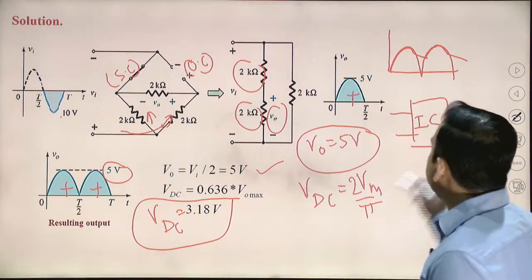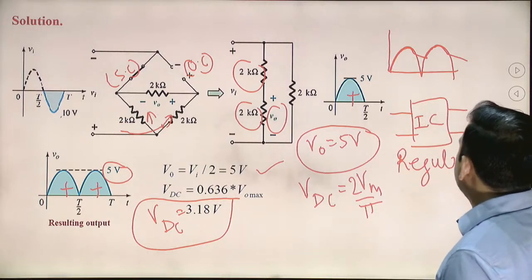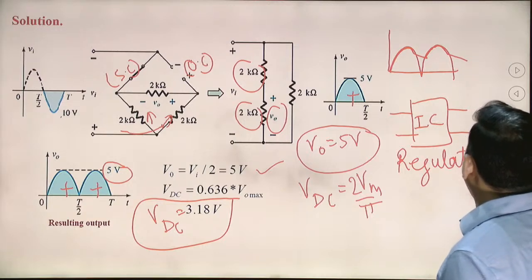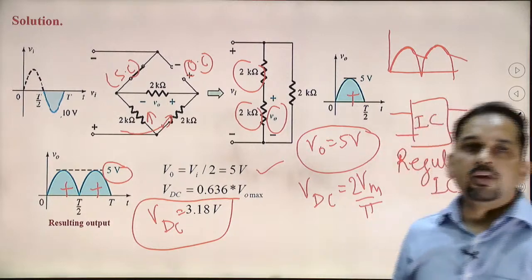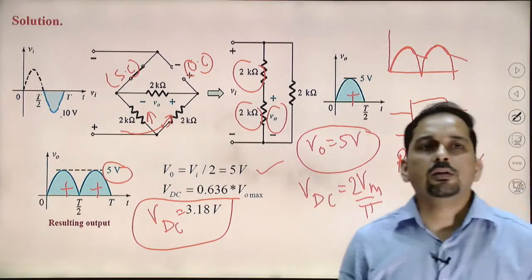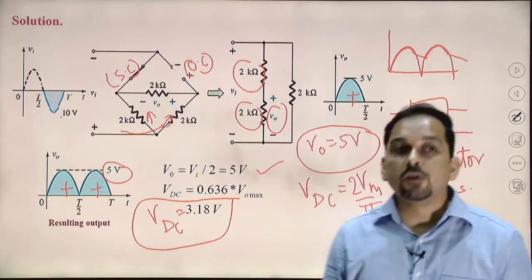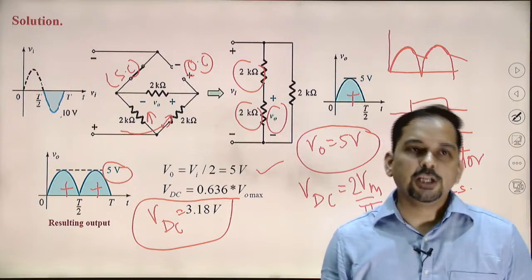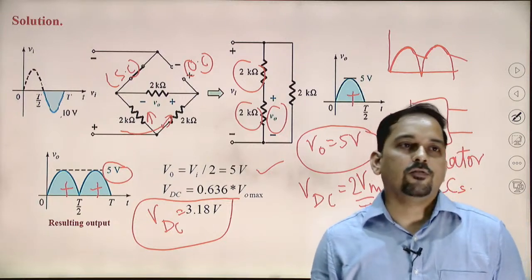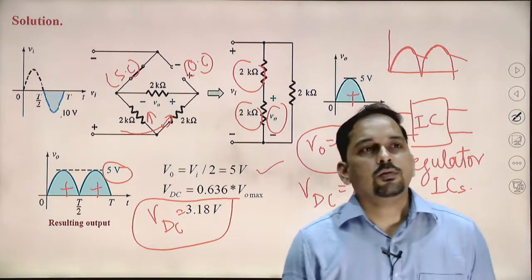These ICs are known as regulator ICs. We have several regulators available. Some of these regulators are the Zener diode as a voltage regulator, and the BJT as a regulator in a series configuration or in a shunt configuration. So this is all about the rectifier circuits.